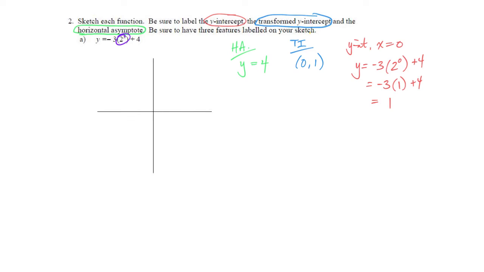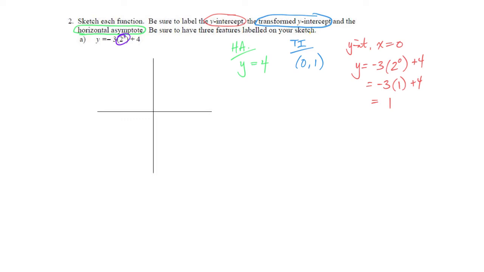So what I can do is I can now take those properties and build my graph with them. Take a look at what you need. I need to be able to put on my sketch up to a y value of 4 and also including y values of 1, so I can make my graph somewhat proportional.